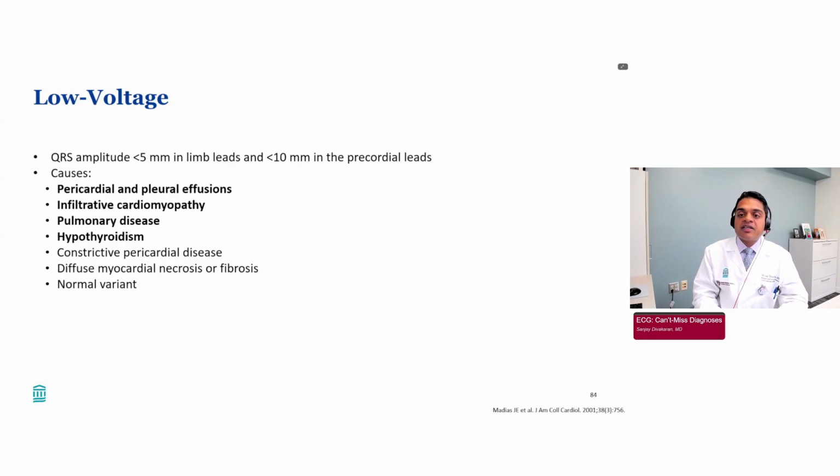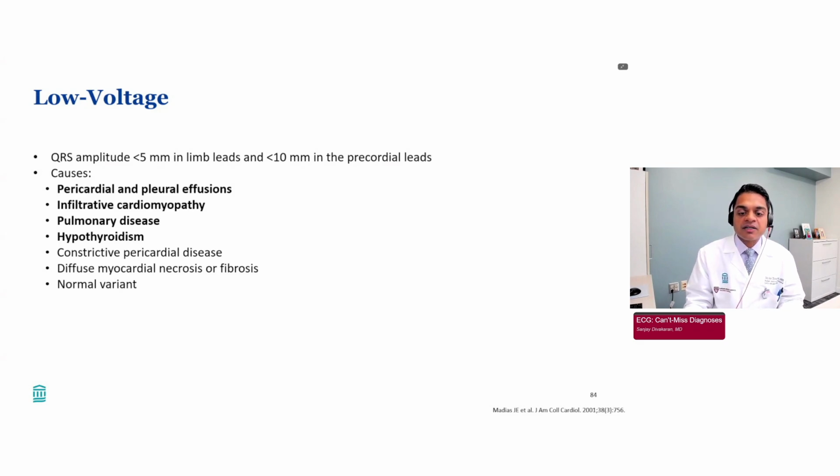And the other thing I think about is, is there something in the heart that's not muscle, right? So if you have, for example, cardiac amyloidosis, when you have infiltrative cardiomyopathy, although you have increased LV wall thickness, you have less muscle, and therefore you have low voltage.